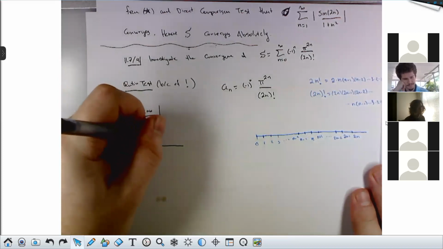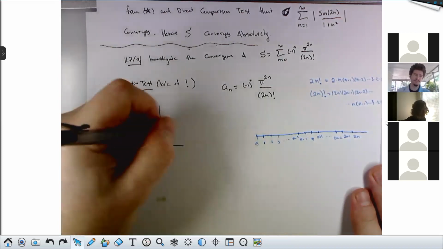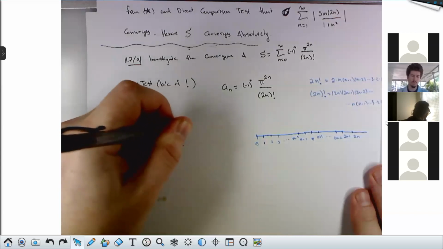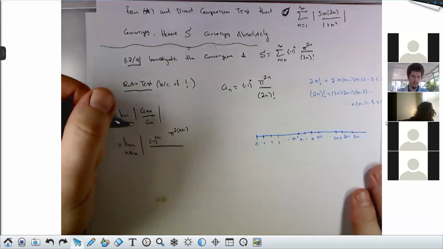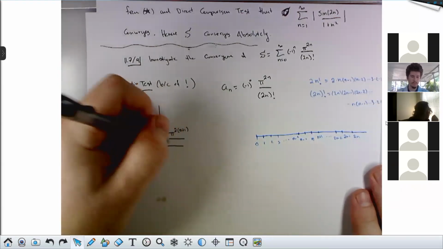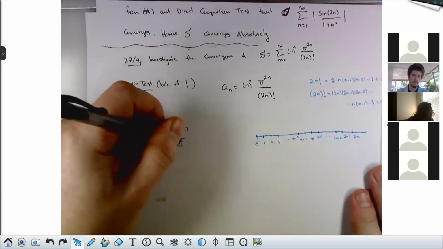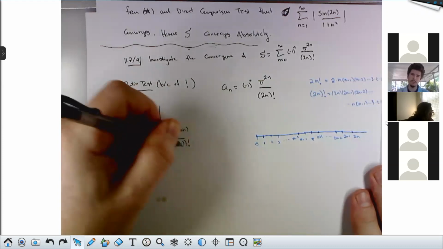Negative 1 to the n plus 1, pi to the 2 times n plus 1 with parentheses like this, divided by parentheses 2 parentheses n plus 1 close parentheses factorial.